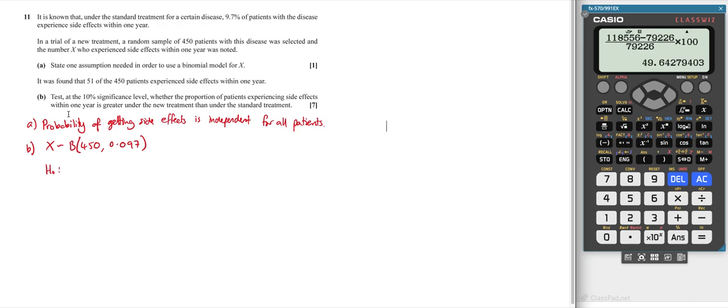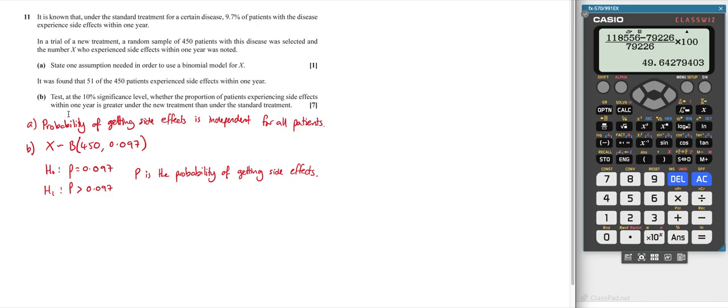H0 is that P is 0.097. H1, we're trying to find out if the proportion is greater, so P is greater than 0.097. So P is the probability of getting side effects, or words to that effect.